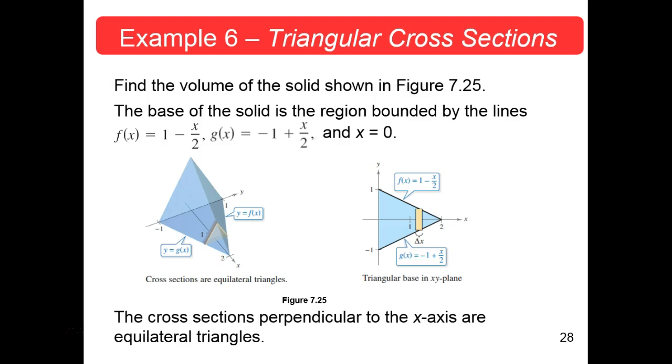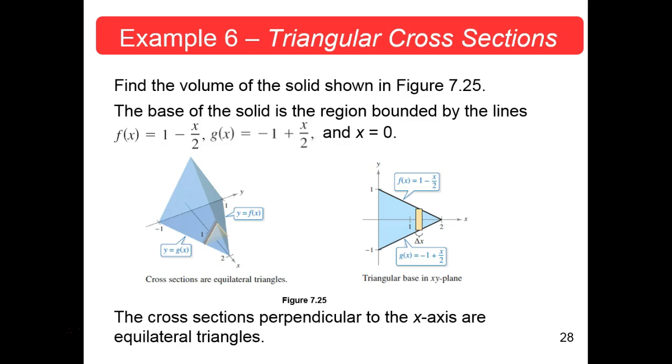So here you have a function of x, and x equals 0. Now, they say the cross sections here are equilateral triangles. They didn't tell us anything in z.